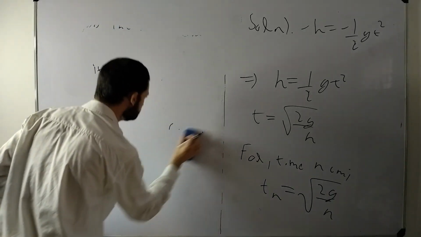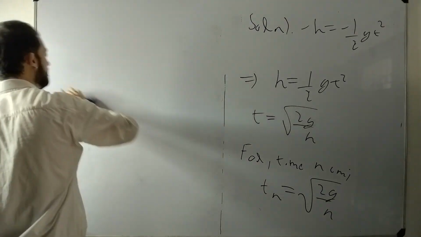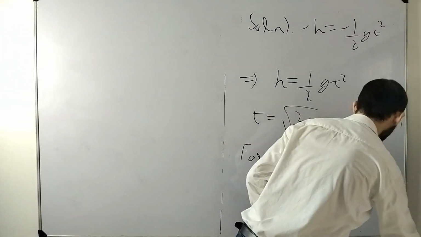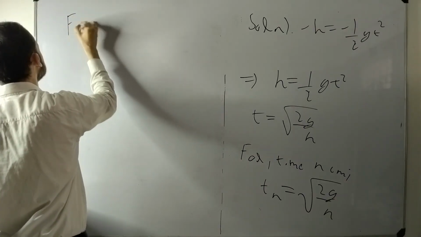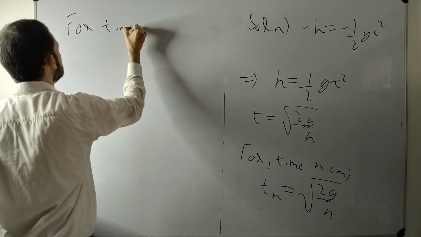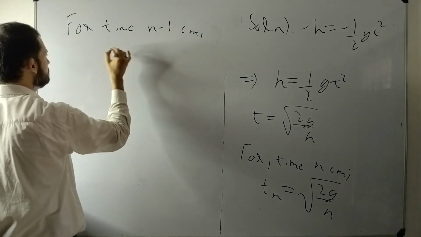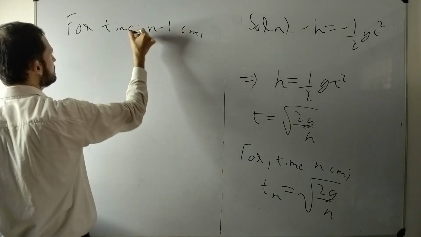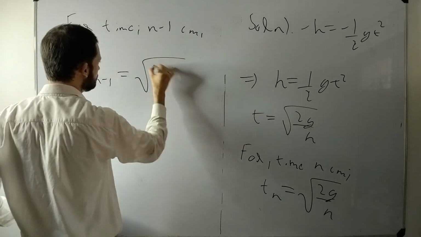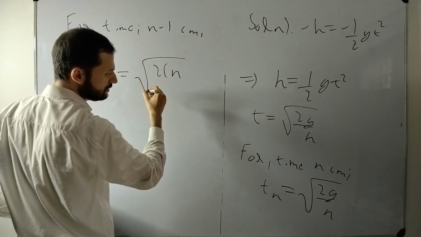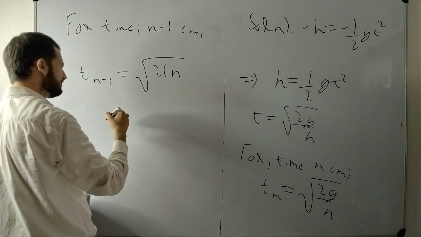So the next part becomes what? Tn minus 1. For n minus 1 centimeter, what does the equation become? This is height. So it becomes under root 2 into n minus 1 upon g. Oh yes, what you are saying is right.